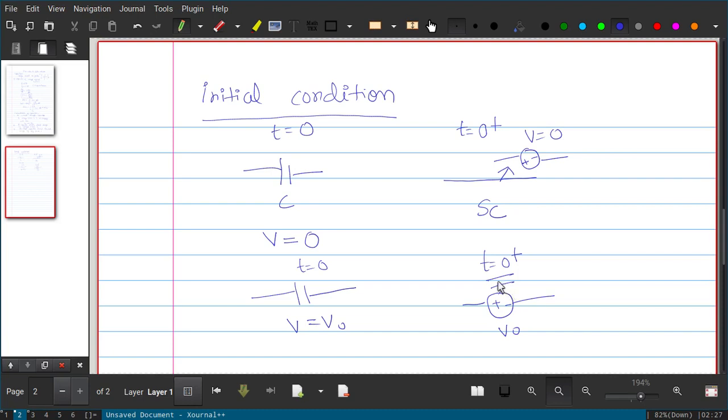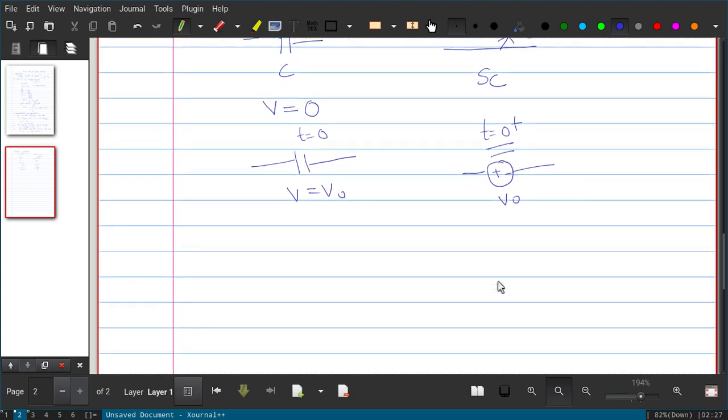Now, similarly, we can write final condition or steady state. Steady state means you apply a DC voltage across a capacitor and do not change anything, keep it as it is, do not change any voltage.